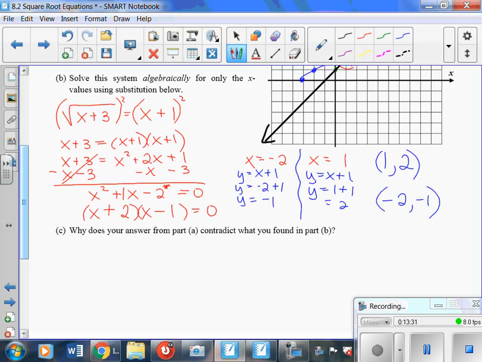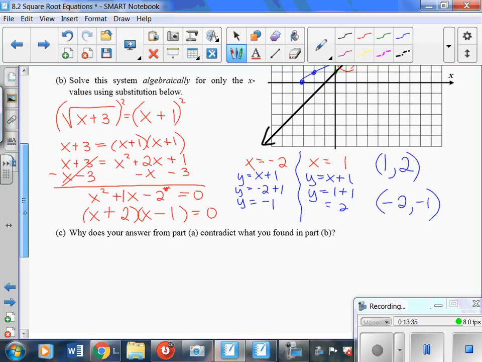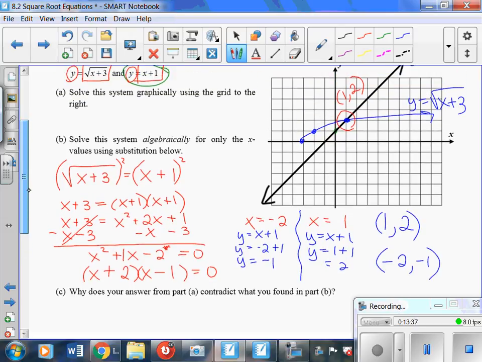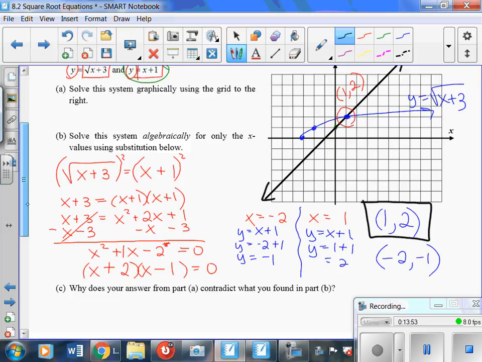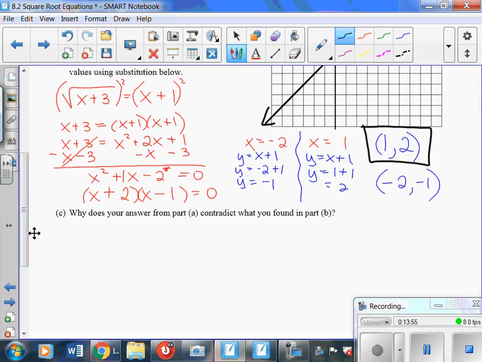C says, why does your answer from part A contradict what you found in part B? Well, from part A, we found only one intersection. We didn't find a second one. The 1 comma 2 is the one that we found. The other one is not a solution. It's called an extraneous root. Extraneous, funny word.